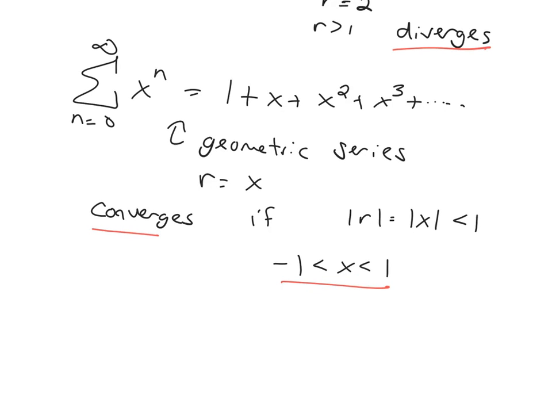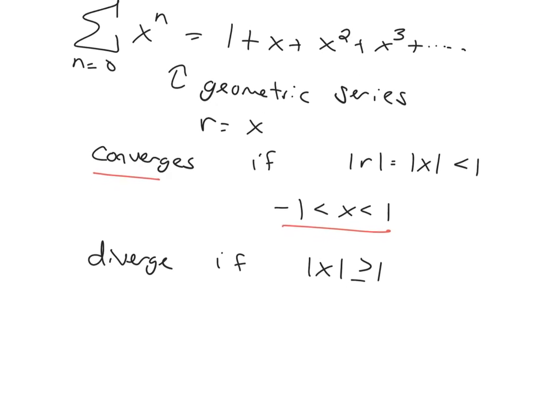And it's going to diverge if the absolute value of x is greater than or equal to 1. So what we just found out is that when I plug in some values of x, sometimes it converges and sometimes it diverges, okay?